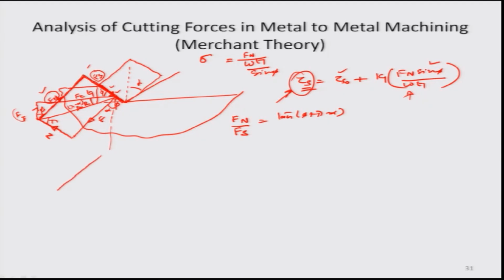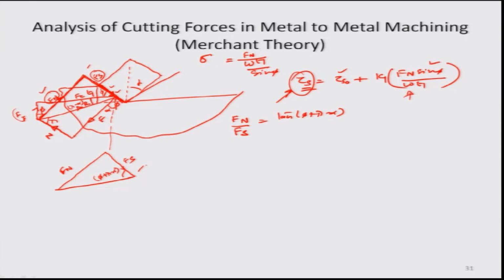Let me just separate this out here. This is Fs, this is Fn, and the angular relationship between these two. Therefore, the resultant of these two forces is at an angle of phi plus lambda minus alpha. So, obviously, Fn by Fs in this case becomes tan of phi plus lambda minus alpha.